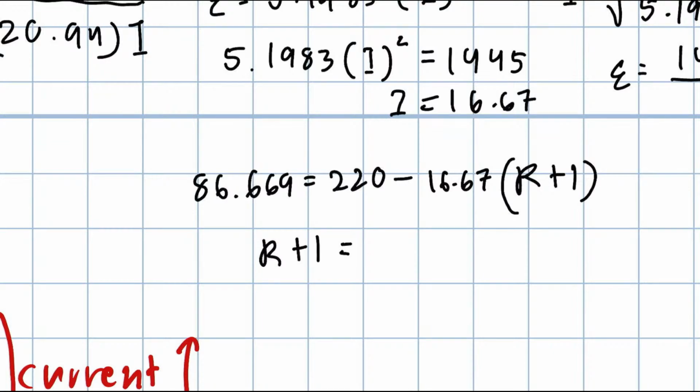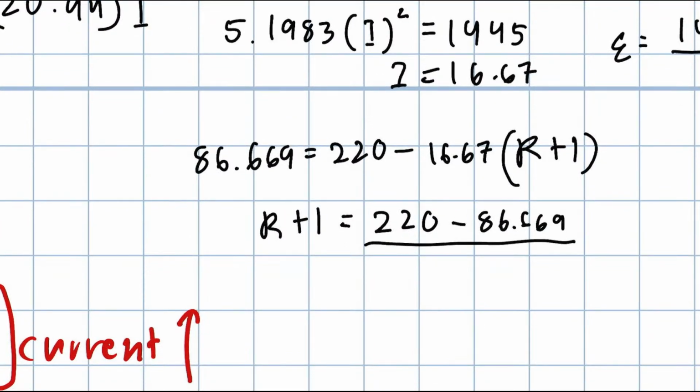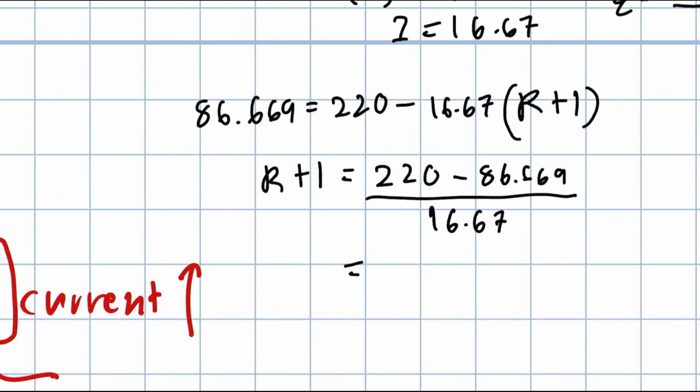So R plus 1 equals to 220 minus 86.669 over 16.67. R equals to 220 minus 86.669 over 16.67.